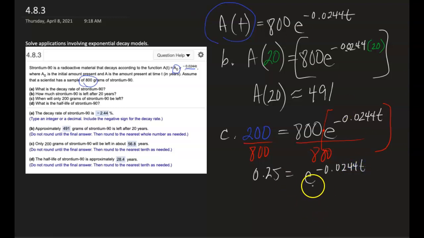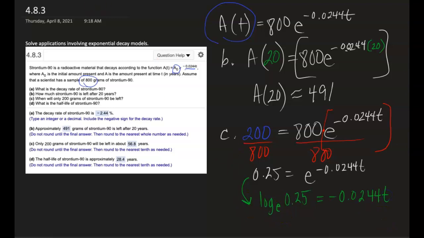Then we want to do the inverse of the exponential form because we want to get this exponent, this variable, out of the exponent. In other words, change this equation into its logarithmic form. Its logarithmic form is log base e of 0.25 equals the exponent, like this.